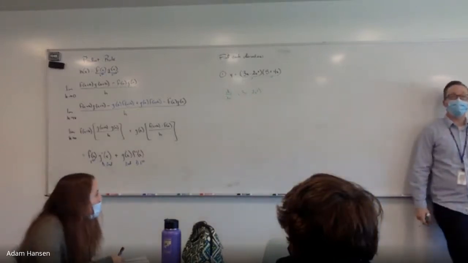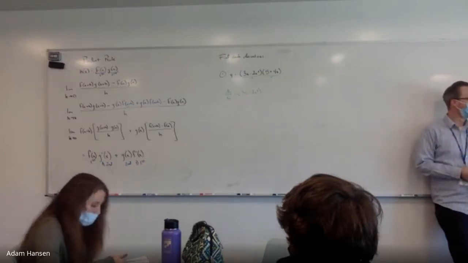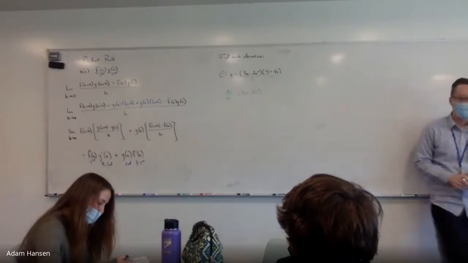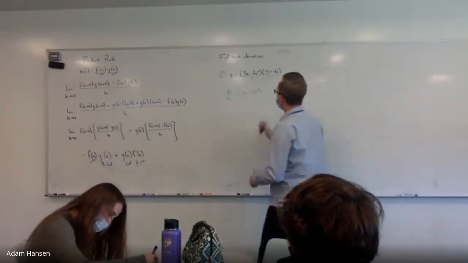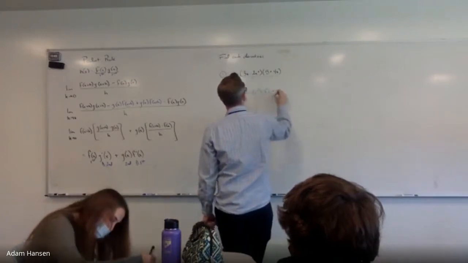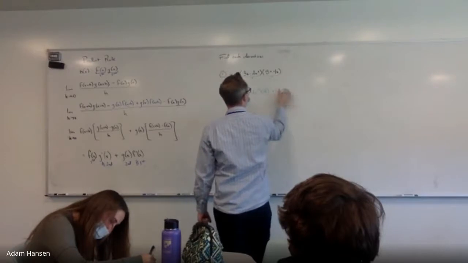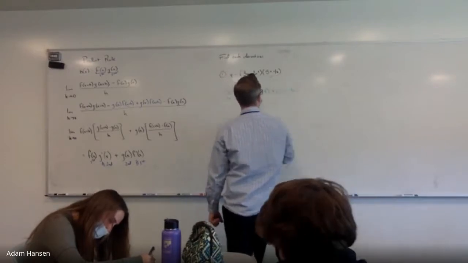What I've underlined for the second function, what is its derivative? What's the derivative of 5 plus 4x? It should just be 4. The derivative of 5 is a constant, that's nothing, and the derivative of 4x is just 4. Plus the second, so I'm going to bring down 5 plus 4x, recopying that second function.